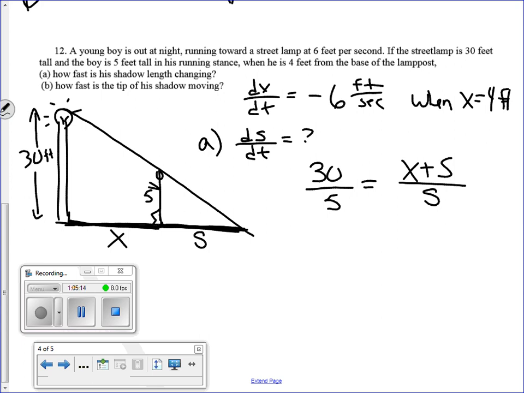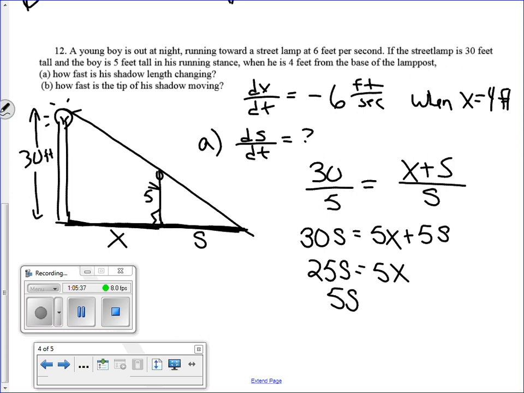Now we cross multiply, so we have 30s equals 5x plus 5s. I'd subtract 5s from both sides, so we have 25s equals 5x. I can divide each side by 5, so I have 5 times s equals x.